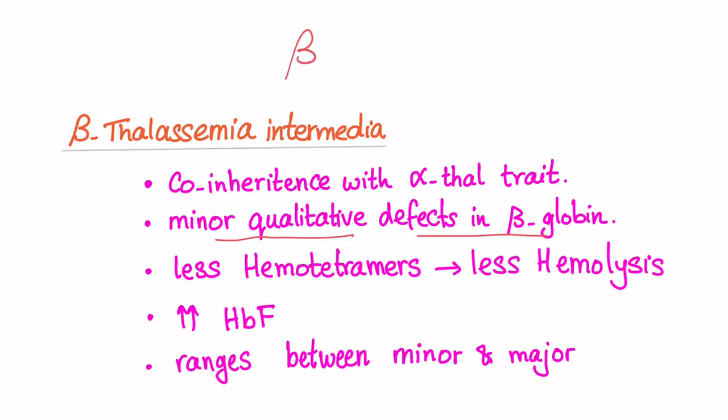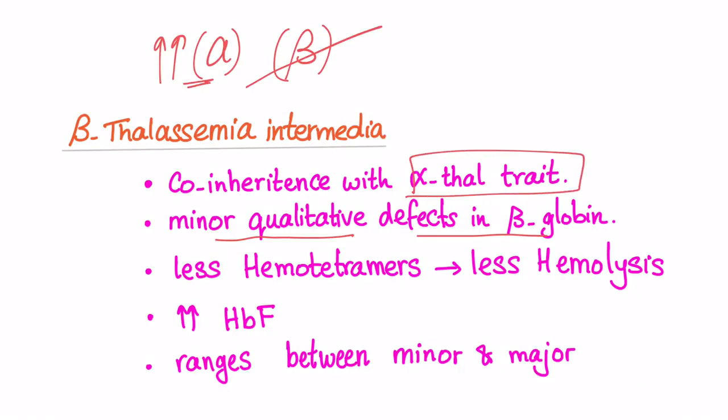So usually we have alpha and beta. Remember, in beta thalassemia major, we didn't have any beta, so the alpha increased, forming hemotetramers. However, in this condition, I have also alpha thalassemia trait. I have a deficiency in these alpha globin chains, so I cannot increase them as much.